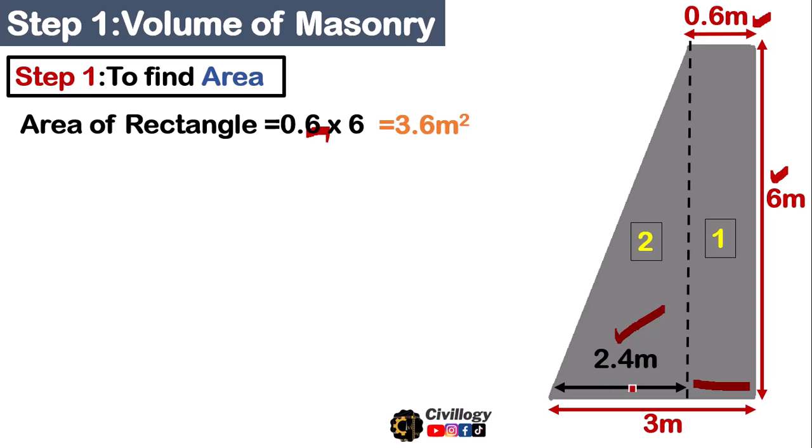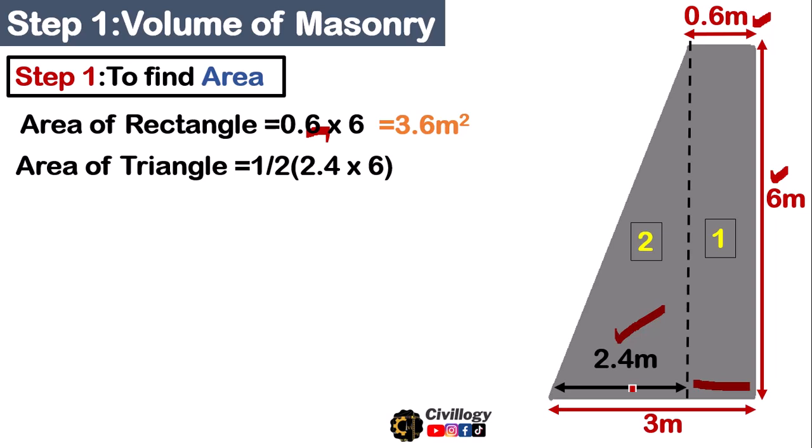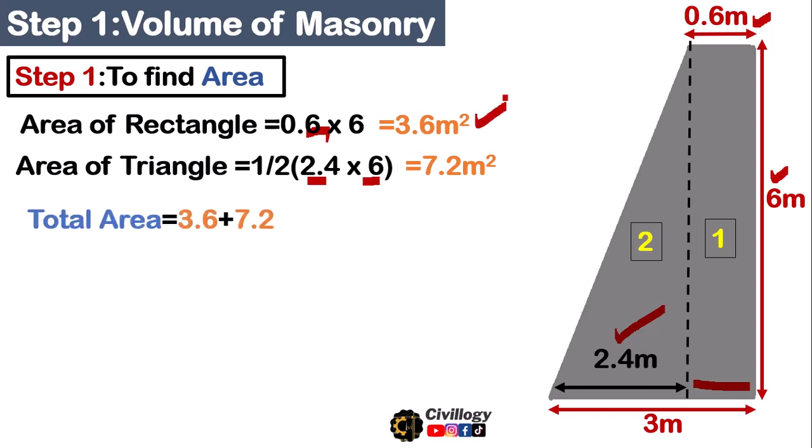This is a right angle triangle, and its area is half times base multiplied by height, which is 7.2 square meters. By summing these two values, we get the total area of this cross section of the retaining wall, which is 10.8 square meters.